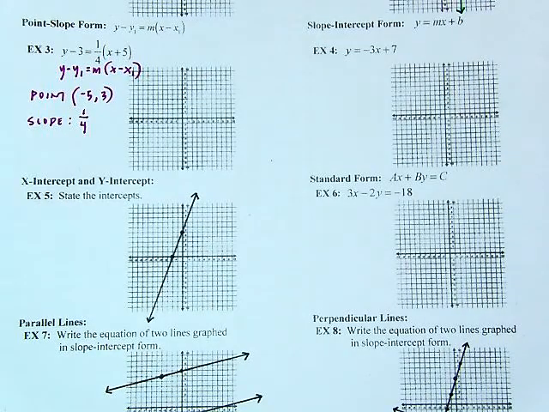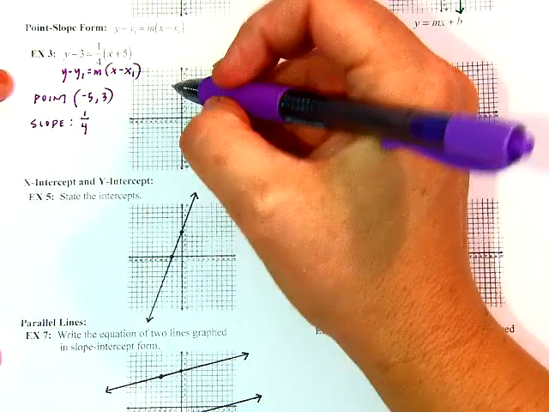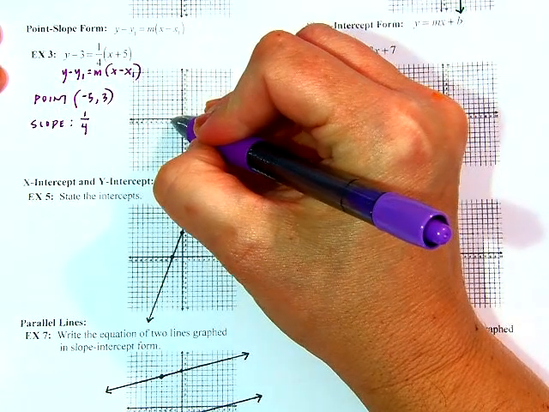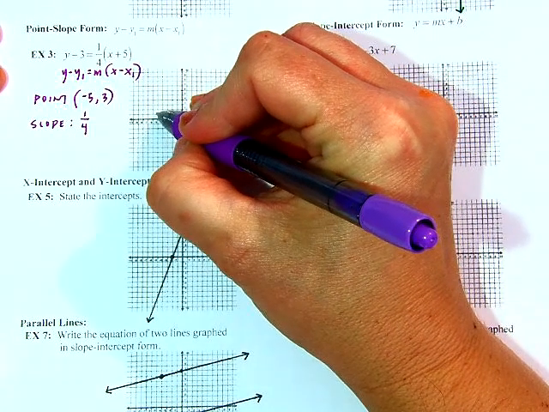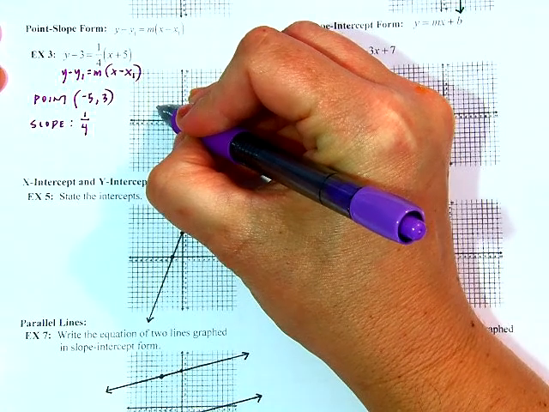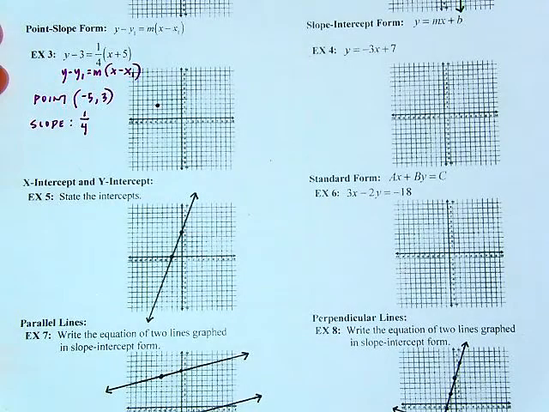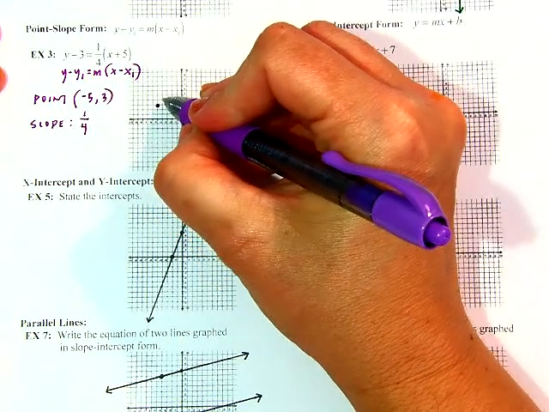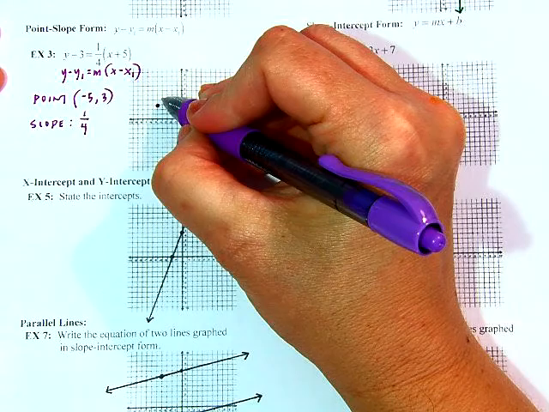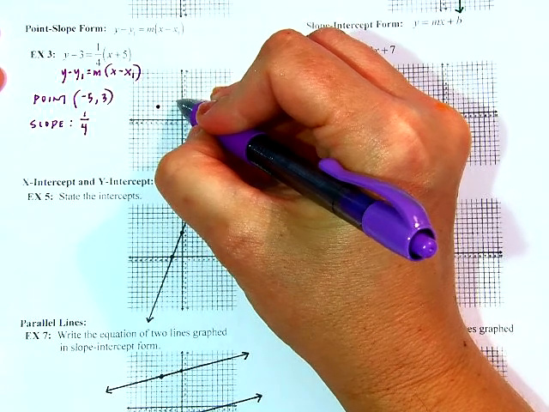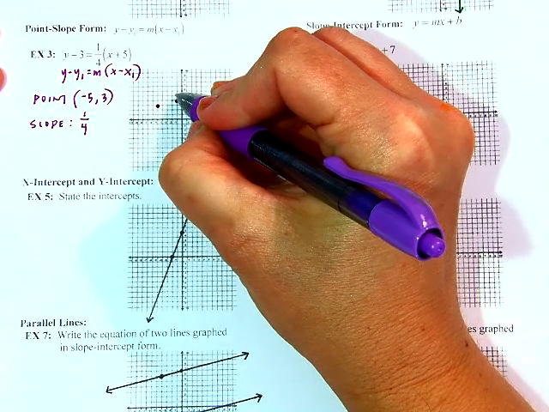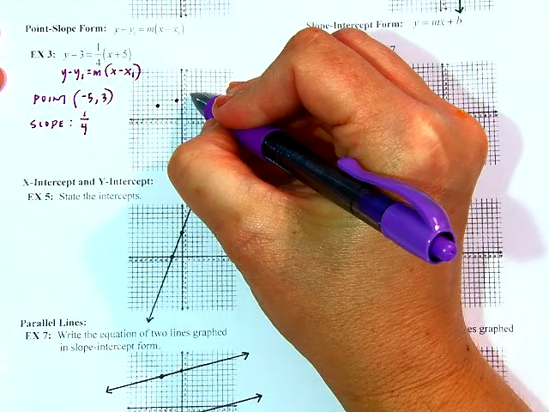So I want to plot a point at -5, 3. So 1, 2, 3, 4, 5, and up 1, 2, 3. I drop my anchor right there. And then my slope is 1/4. So my rise, I'm going up 1, and my run is 4. I'm going right, 1, 2, 3, 4. Up 1, right, 1, 2, 3, 4.